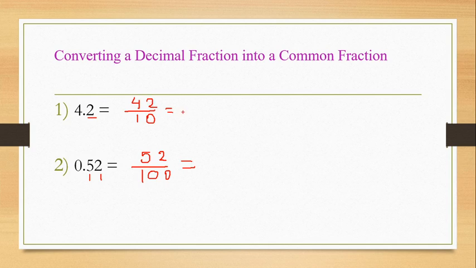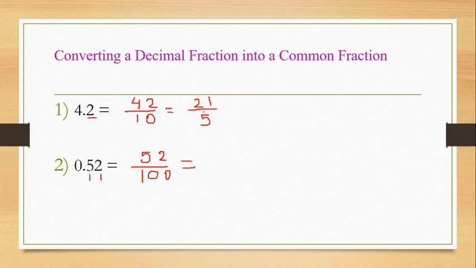42 and 10 are both divisible by 2, as both numbers are even. So we write the division sign. 42 divided by 2 will give me 21 and 10 divided by 2 will give me 5.